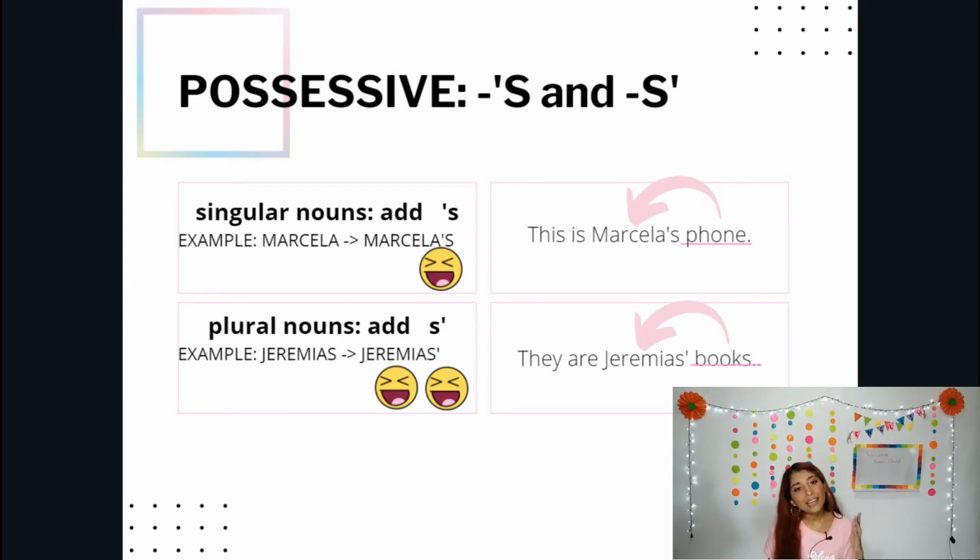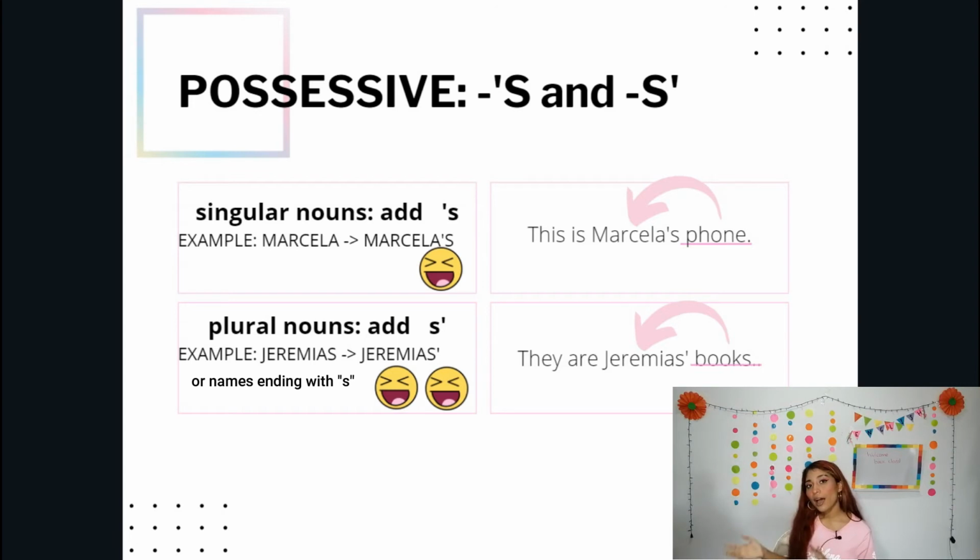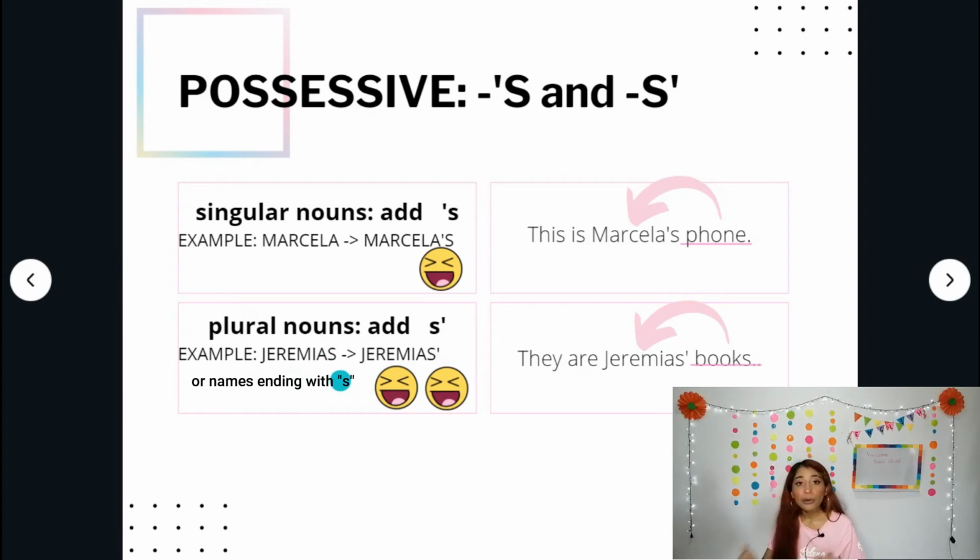So, what happens if we have a plural or if we have a name that ends with s? For example, we have Jeremías. We wouldn't add Jeremías plus apostrophe s. Si ya termina en s, lo que vamos a hacer es simplemente añadir apostrophe. It's not necessary to add another s.